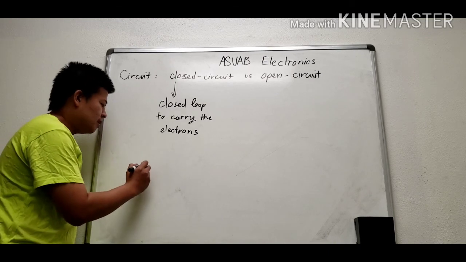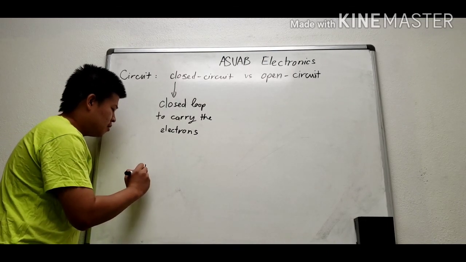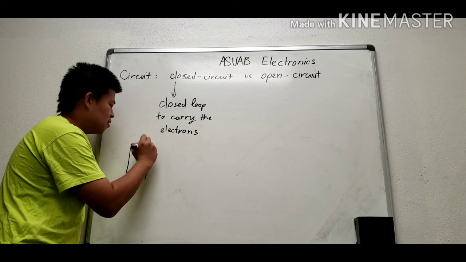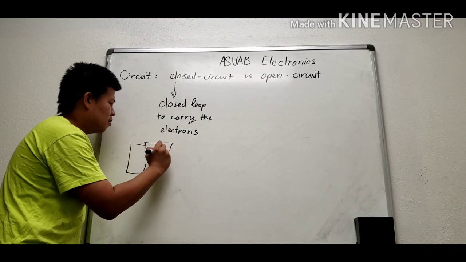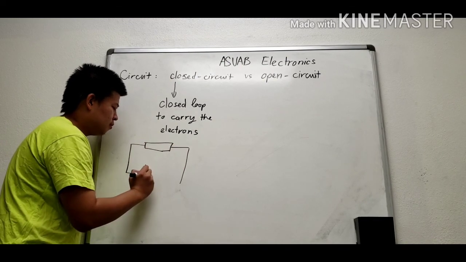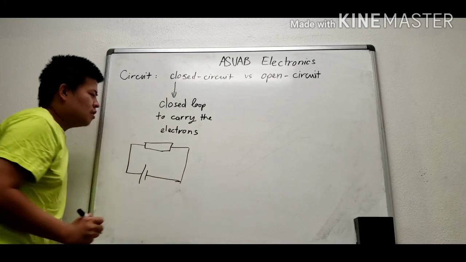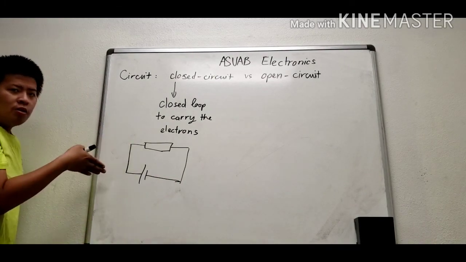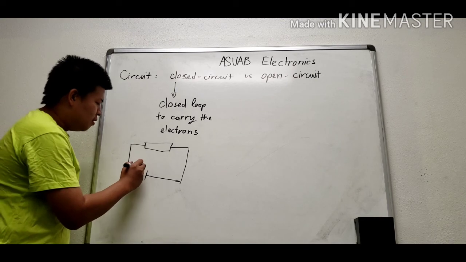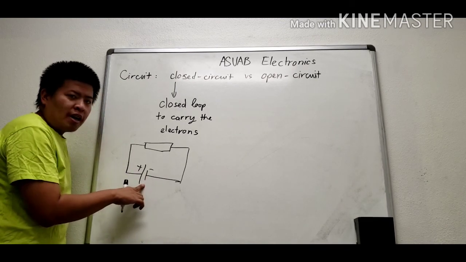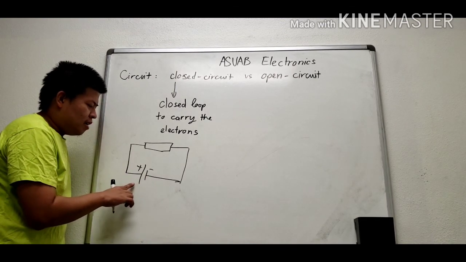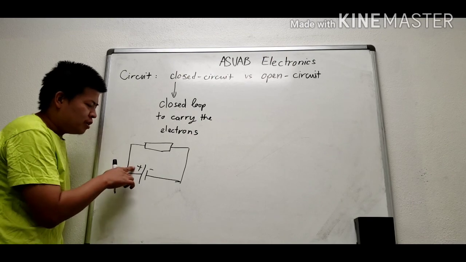For example, here this is the closed circuit, and we know that the small line is the negative and the long line is the positive.